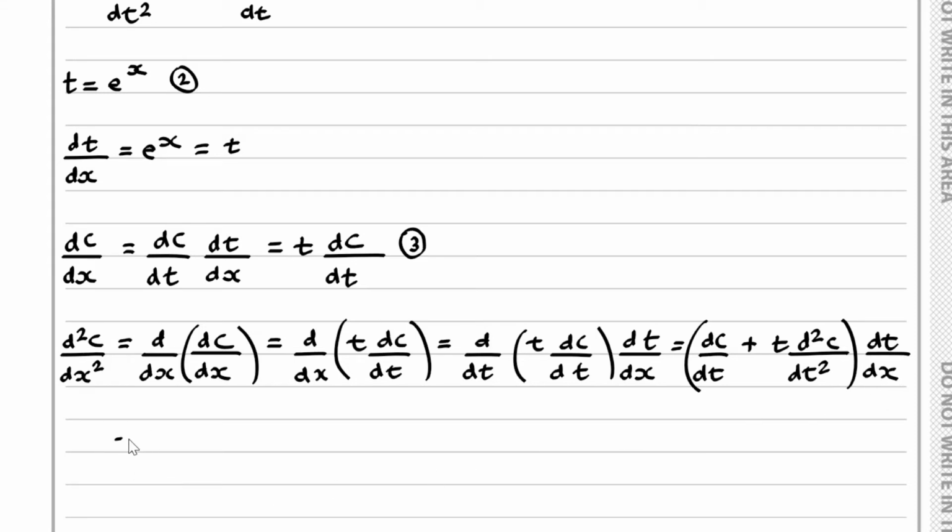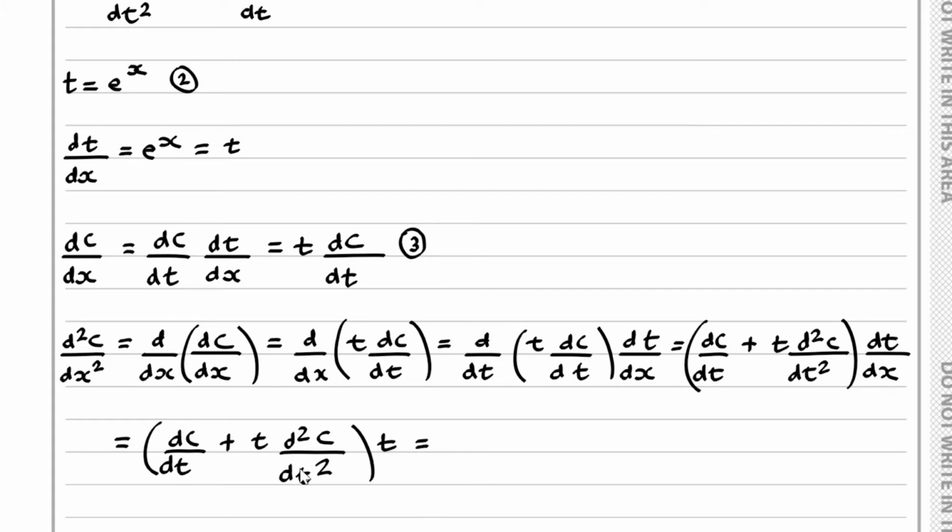And hopefully you can see, well, we have this dc over dt plus t lots of d squared c over dt squared, times dt over dx, that's simply t.